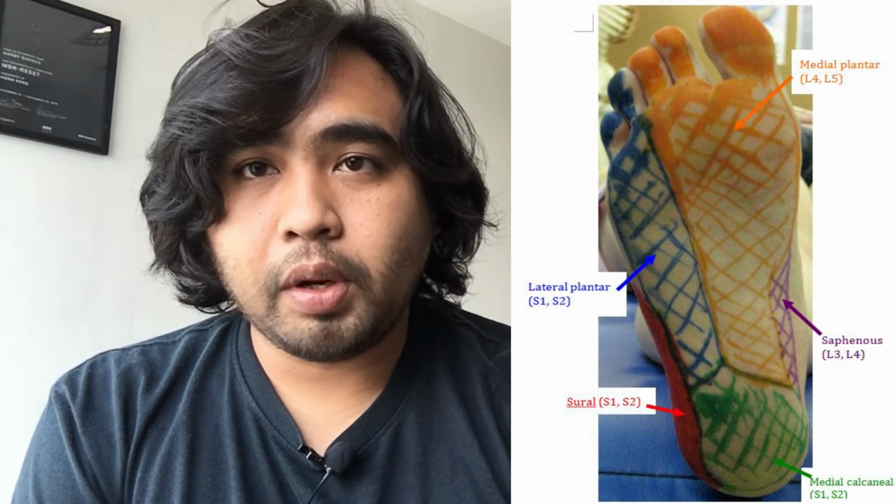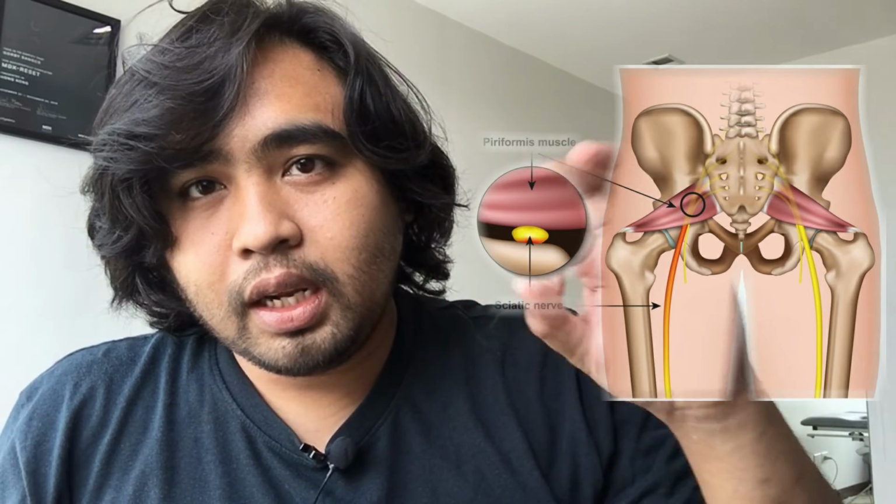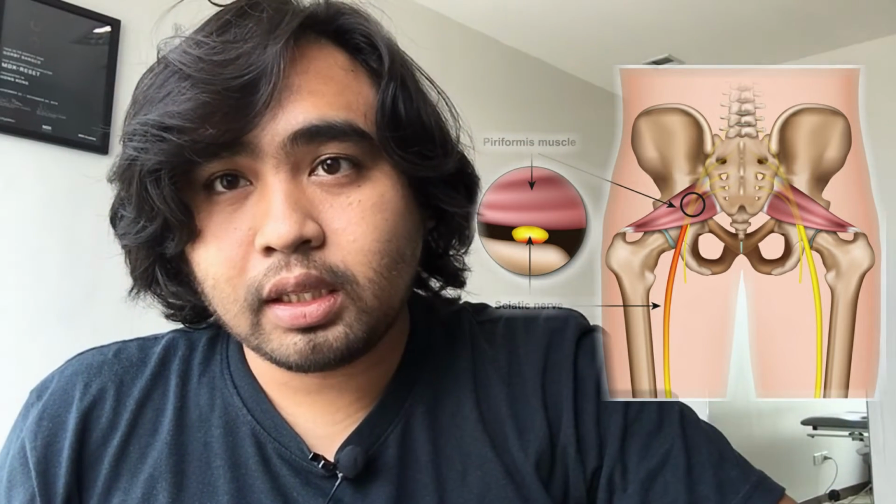Again, if it's coming from your hips, mainly your piriformis muscle is the one causing you trouble. The piriformis muscle is shortened and it's decreasing the space where the sciatic nerve exits. So the sciatic nerve is being compressed, causing symptoms along where that nerve supplies. Up until the foot, that sciatic nerve can supply.